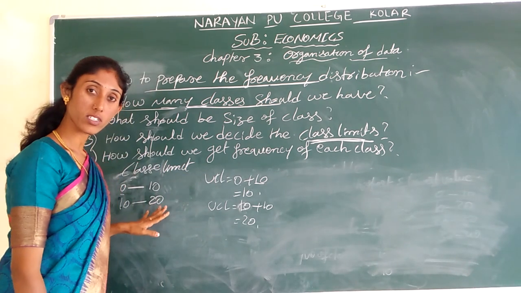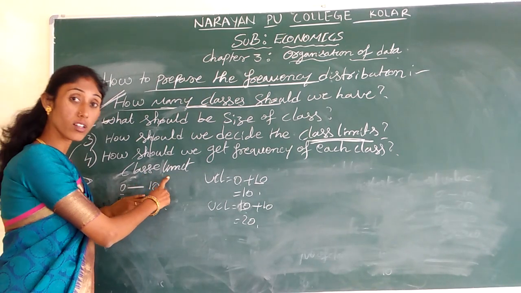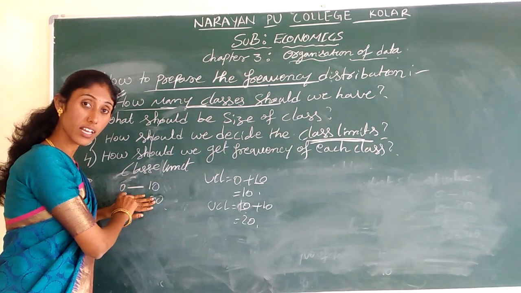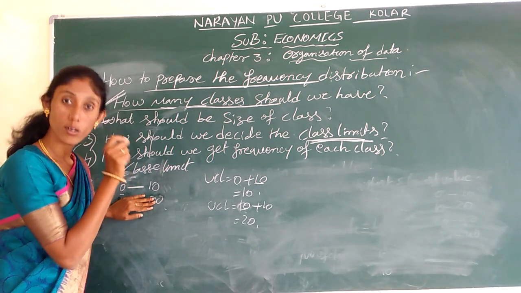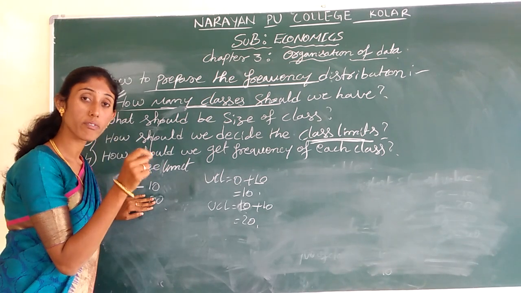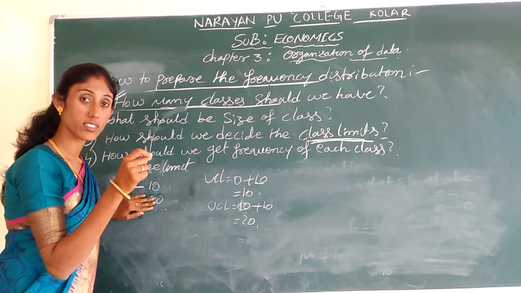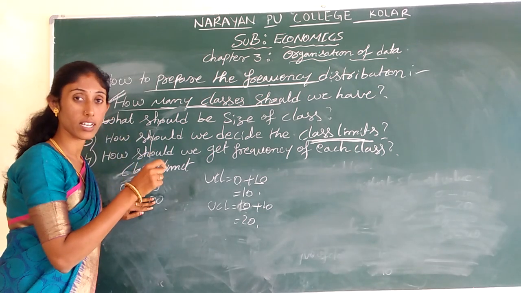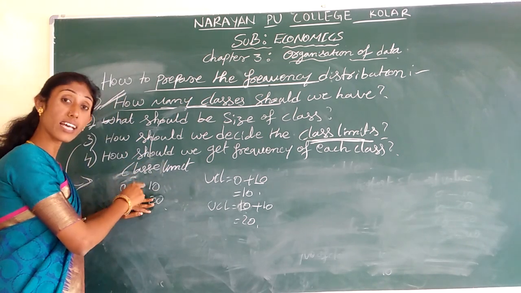Before that, you understood the basics, right? The class limits will always start with the first class lower limit from the lowest value of the observation, and we get the upper limit of the first class by adding the class interval size to the lower class limit.